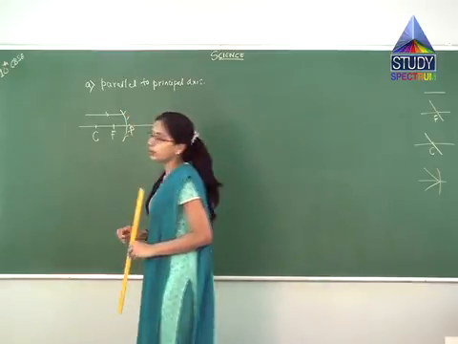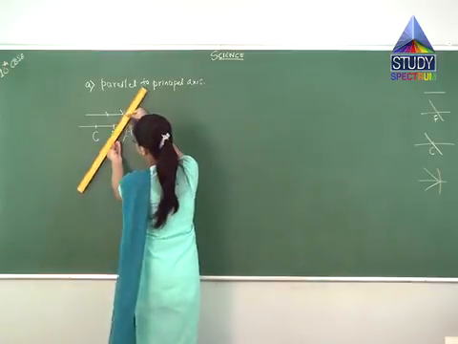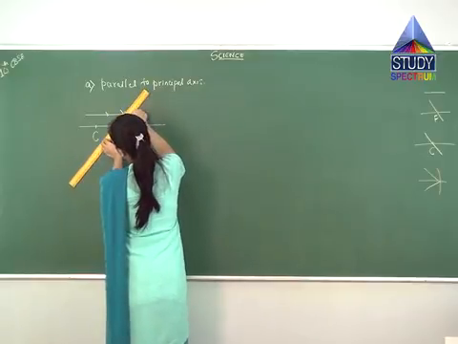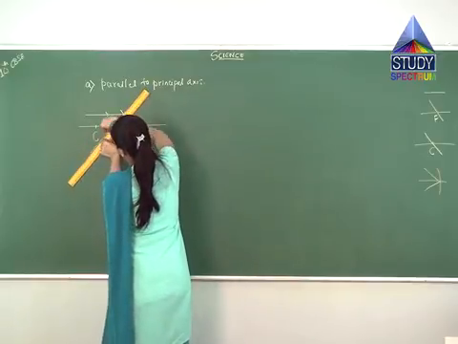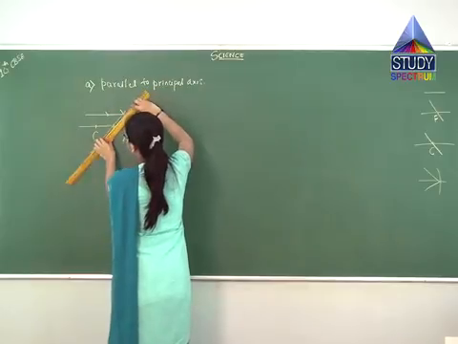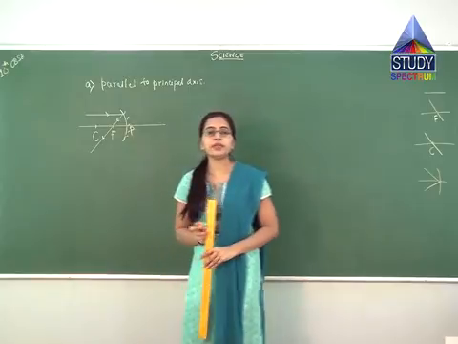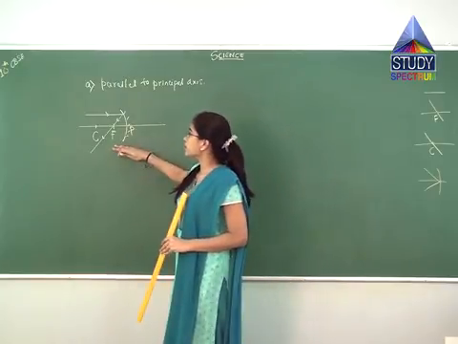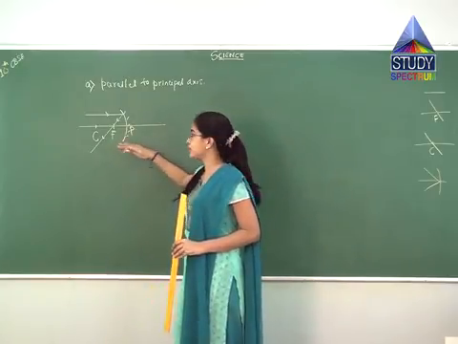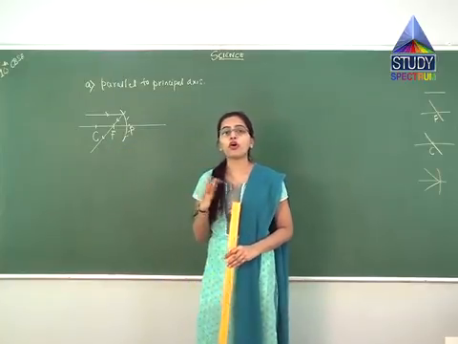You will observe that this ray will get reflected by passing through the principal focus. This is not only the case for concave mirror, it is also applicable for convex mirror.